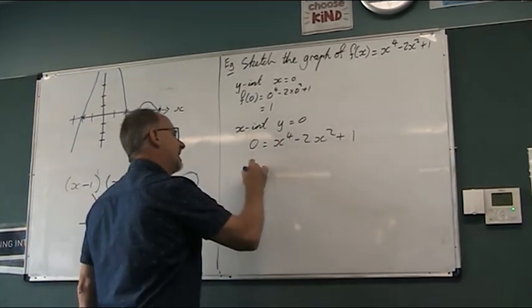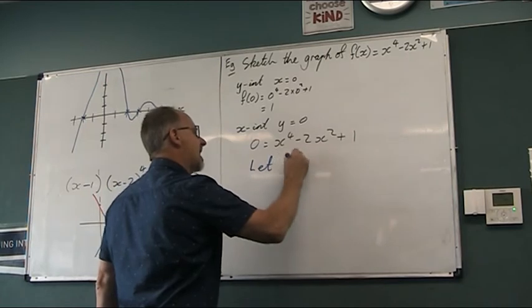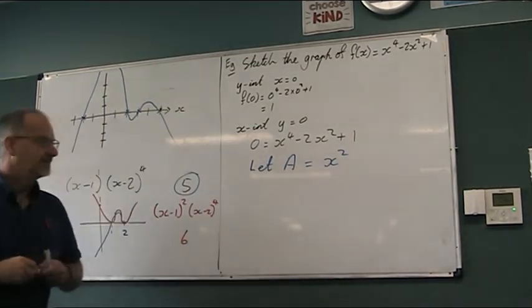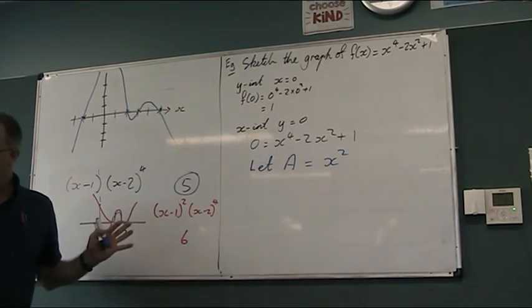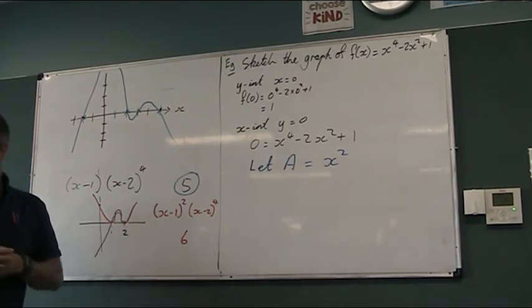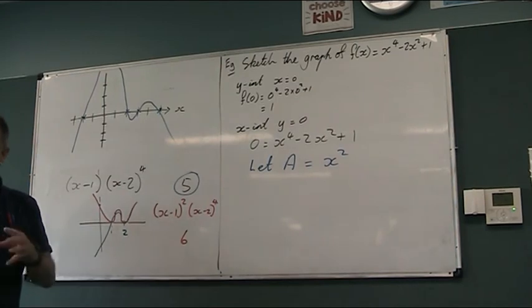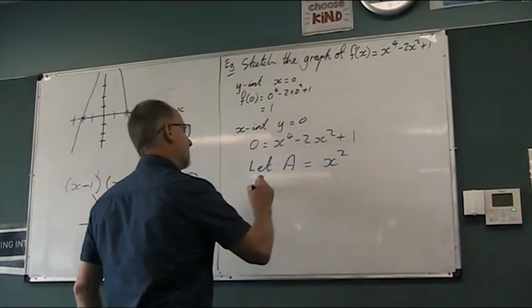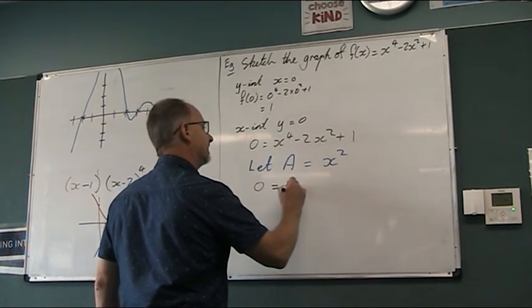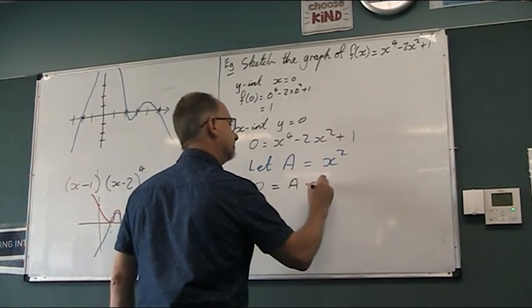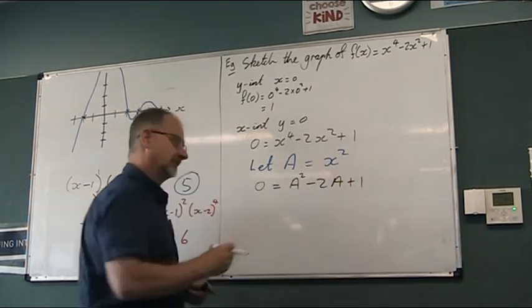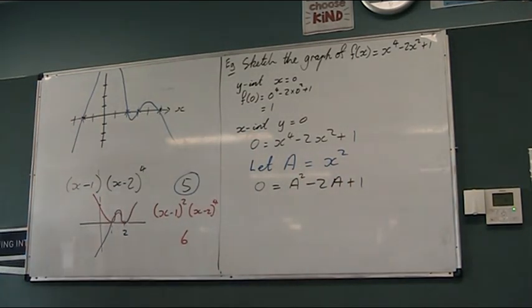So if I let a equal x squared, just made this up, to make it easier to factorise, I'd end up with 0 equaling a squared minus 2a plus 1.